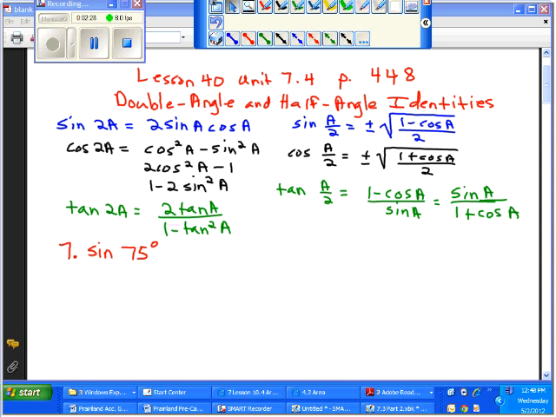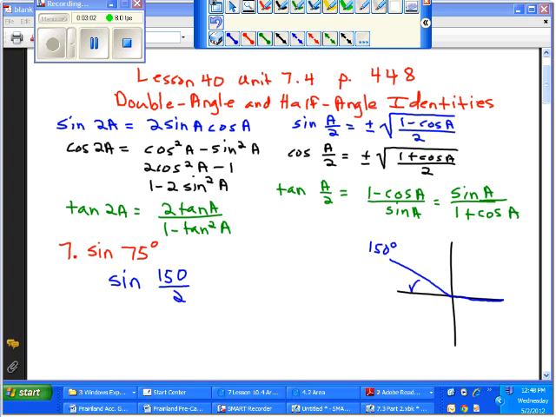75 is half of what number? 150. So if we thought of this as the sine of 150 divided by 2, then we got something we kind of can understand. 150 degrees has a reference of what? It has a reference of 30. If we go back into our memory work, 150 degrees would be from here to here.